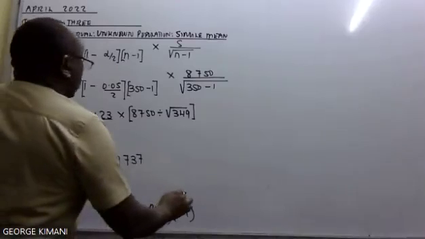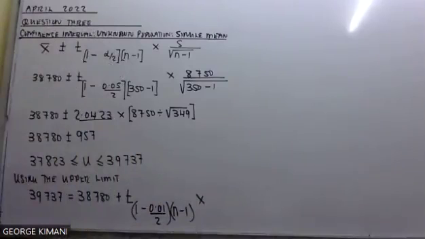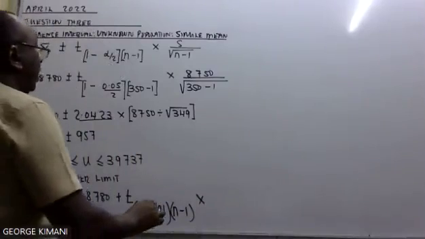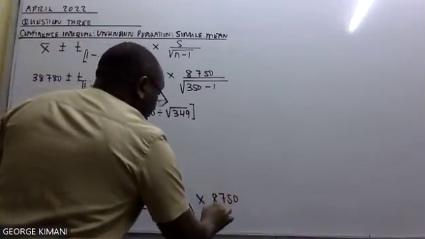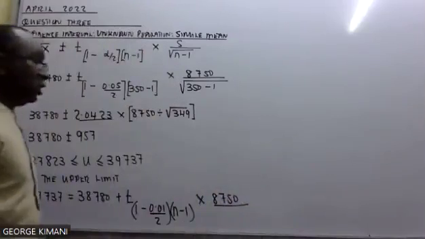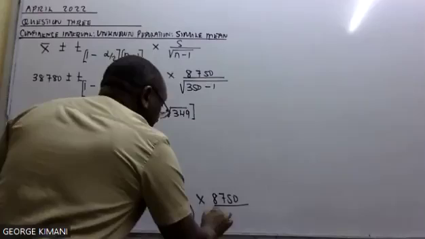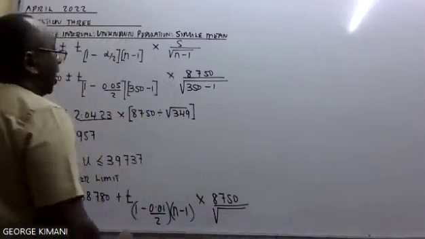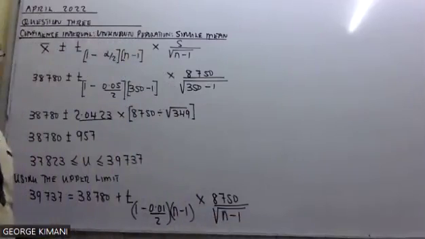Now this one was multiplied by 8750, which was divided by the root of n minus 1, which you do not know.